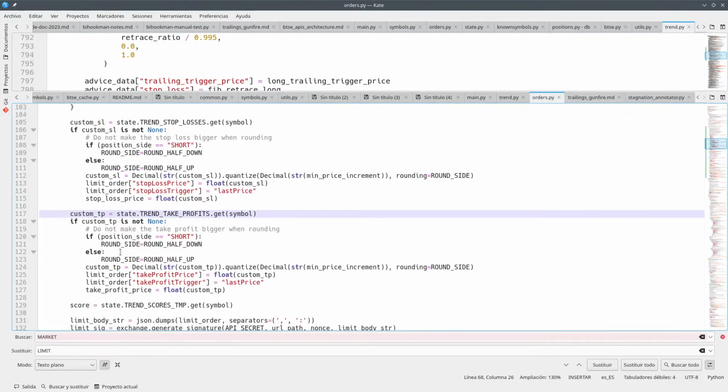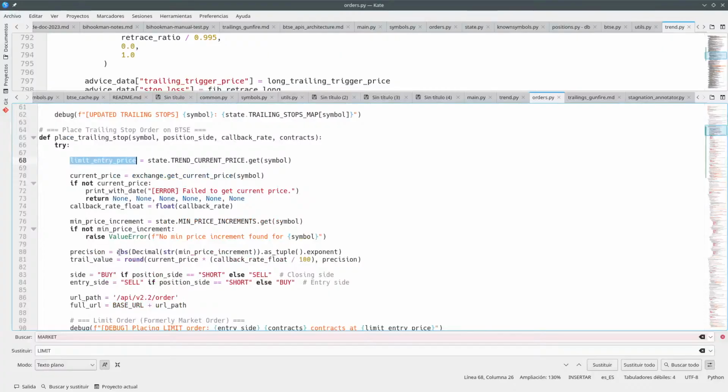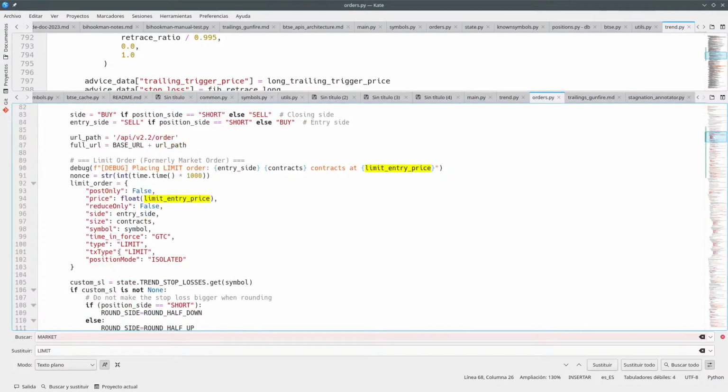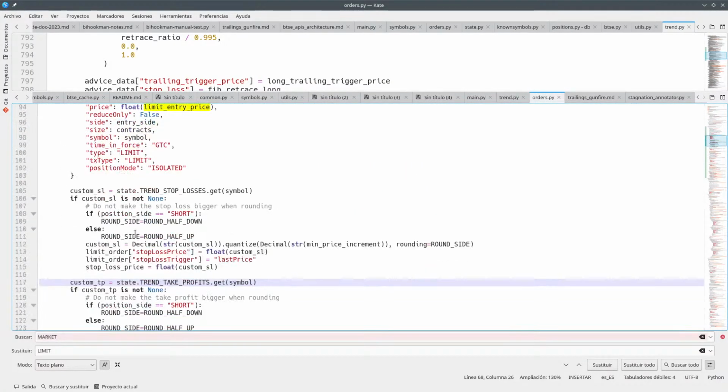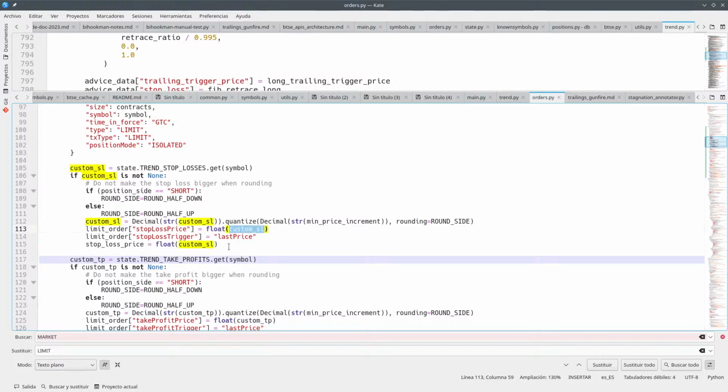So the question is, if this is the current price and we are adding a custom SL, okay, let me see.